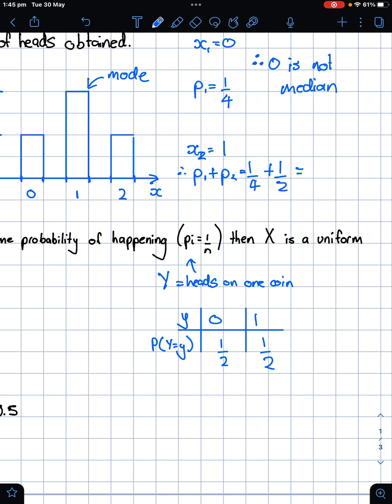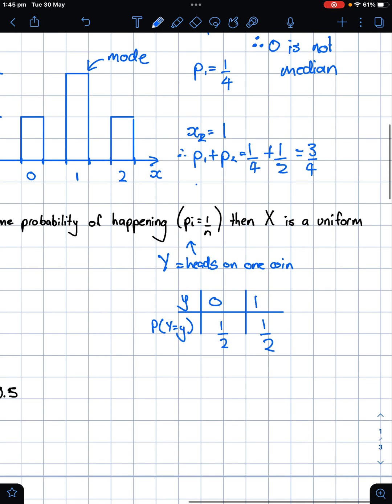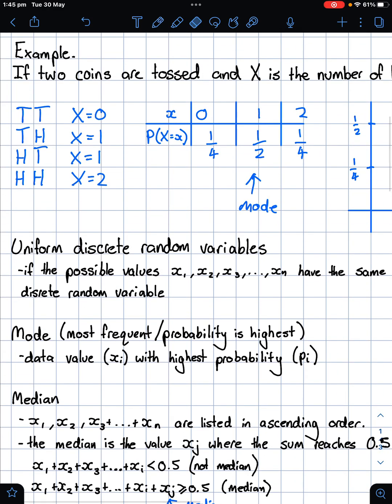Okay, that equals 3/4. It is greater than 0.5. Therefore, x2, which is the value 1, is the median. So from that calculation there, you would state that this is also the median.